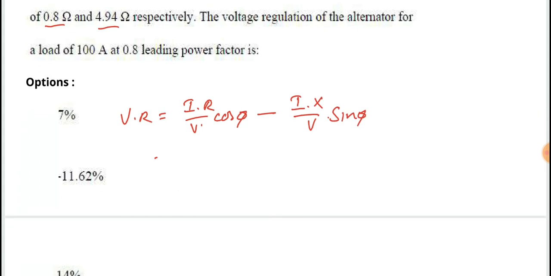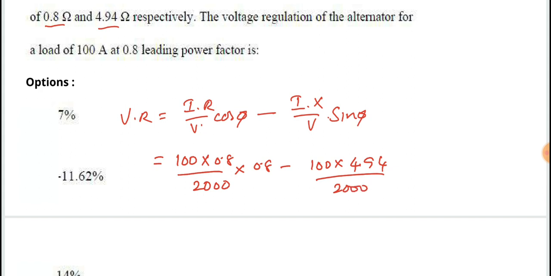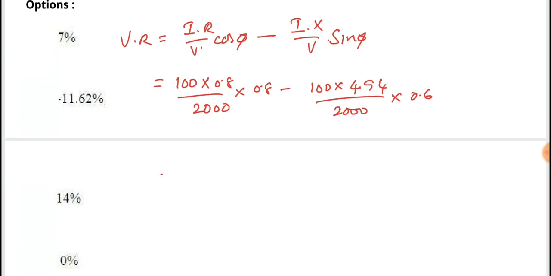Okay, so substitute the values here. So I is 100 amperes, R is 0.8, divided by voltage V, which is 2000, into power factor 0.8, minus 100 into reactance value 4.94, divided by voltage 2000 into sin phi, which is 0.6 here. So once we simplify, the answer will be minus 11.62%.